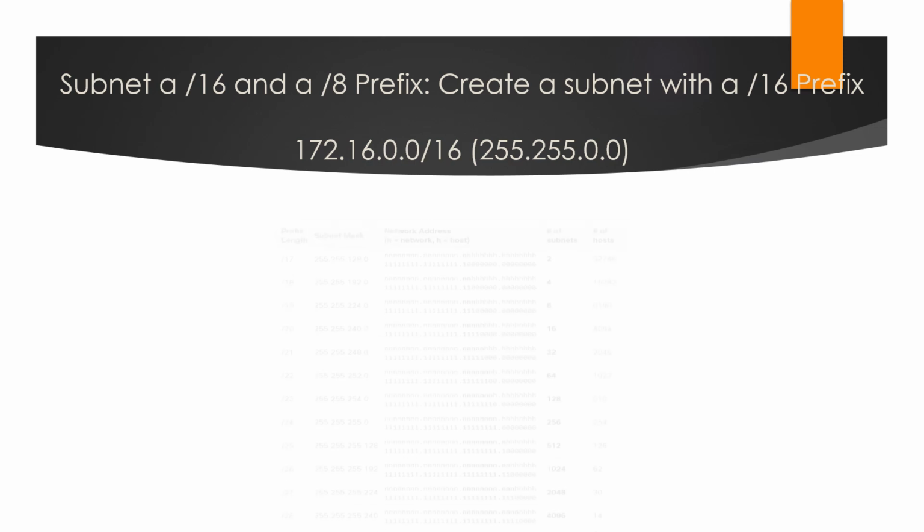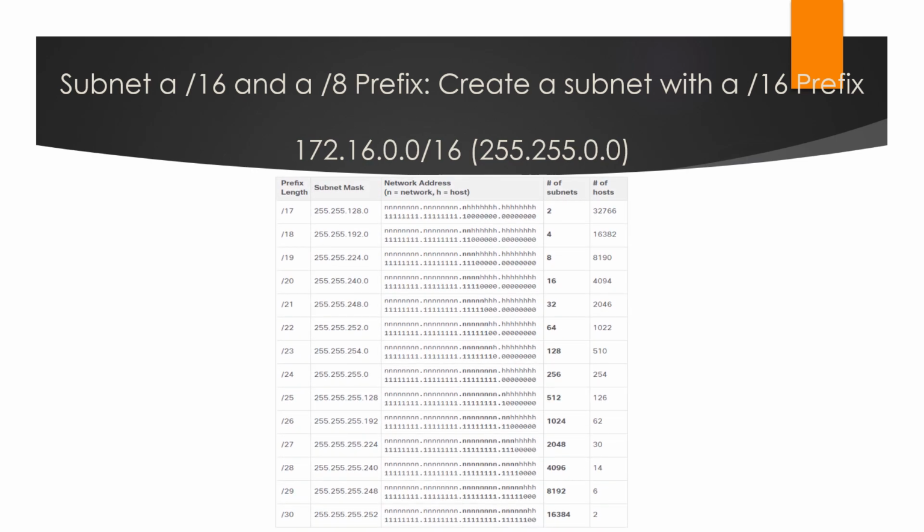And in this table are highlighted all the possible scenarios for subnetting a /16 prefix. Here is the prefix length that will grow as you borrow bits from the host portion. Here is the subnet mask, and here are the subnets that you can create by borrowing these bits, and the number of hosts available for those subnets.